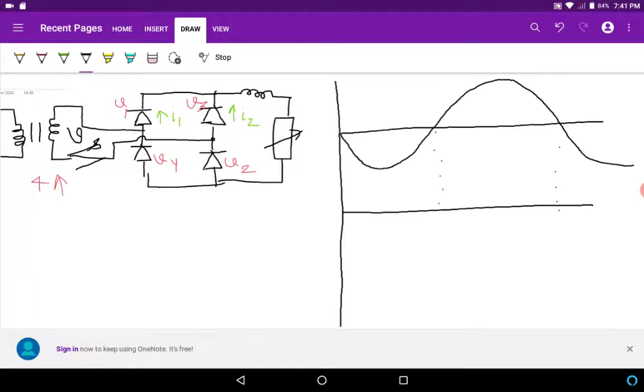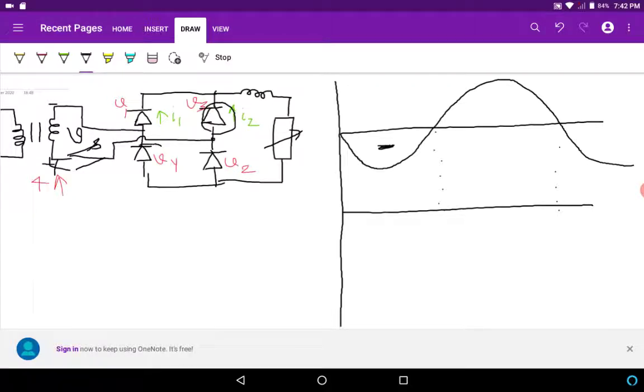Now let's see how this works. Whenever the sine wave is negative, at that time the upper terminal will be minus and the lower terminal will be plus. When the lower terminal is plus, at that time the diodes V3 and V4 will conduct, because there will be forward bias.